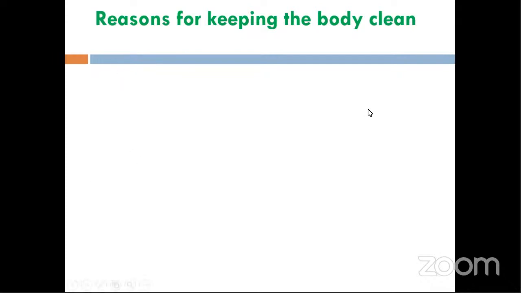So let's take a look at what we are talking about. Mark said to prevent germs. The other one said to avoid being sick.